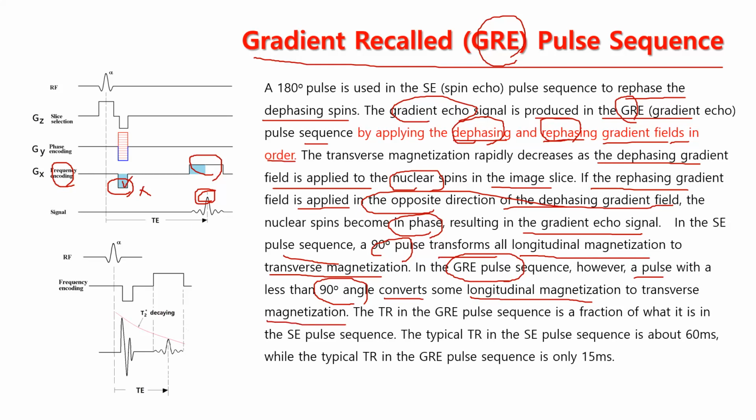So in the spin echo pulse sequence, we use the 90-degree pulse, so all longitudinal magnetization becomes transverse magnetization. However, in the GRE pulse sequence, we use the partial angle pulse, so some of the longitudinal magnetization will become transverse magnetization.